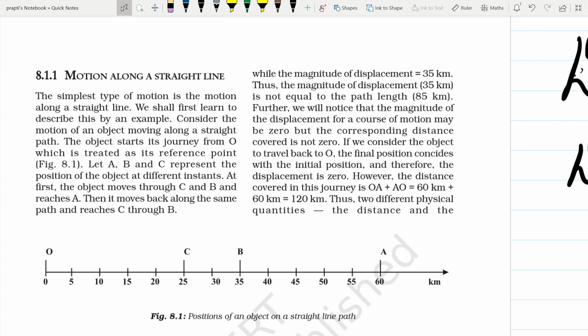I hope you all now very clearly know what is a reference point. Let A, B and C represent the position of an object at different instants. At first, the object moves through B, C and B and reaches A. Then it moves back along the same path and reaches C through B.